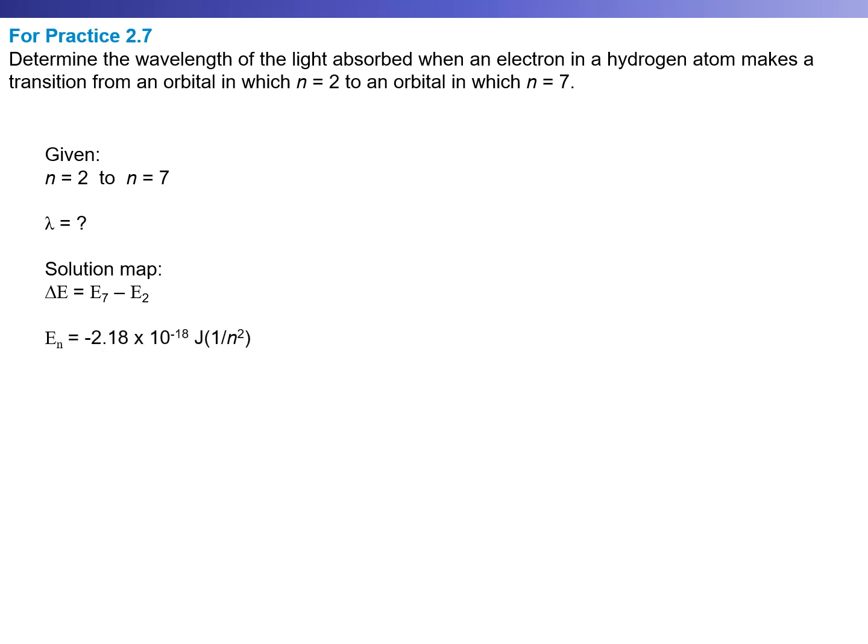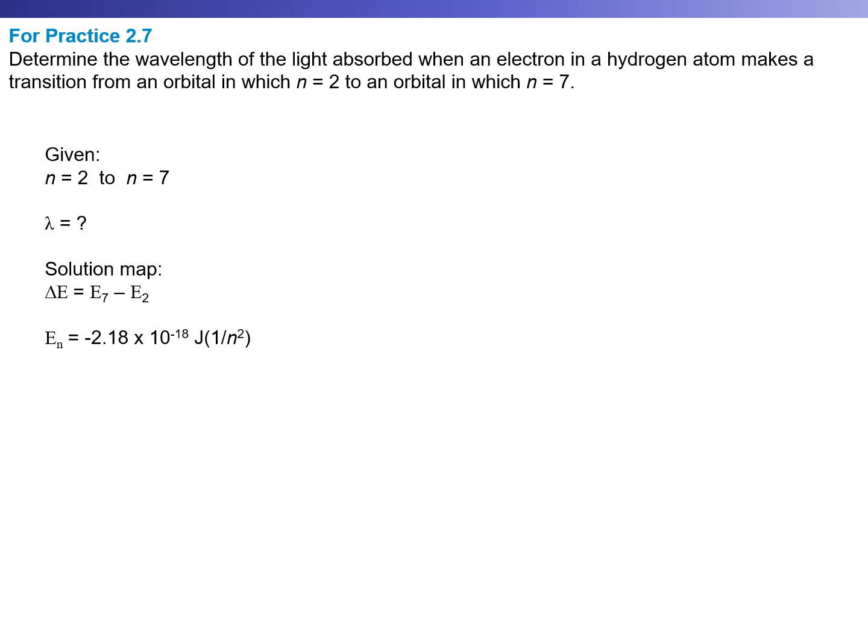We're going to use this formula, where the energy of the electron in a particular principal level n is equal to -2.18 times 10 to the -18 joules over that principal value squared. We'll do this calculation for the 7th orbital and the 2nd.